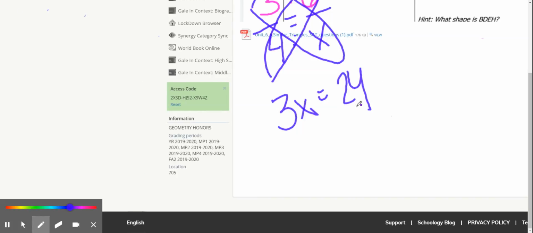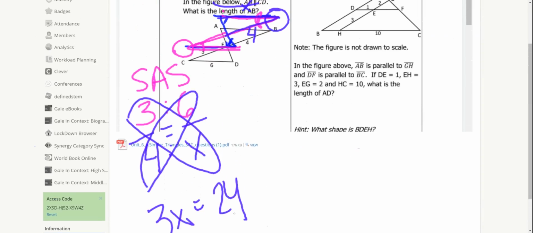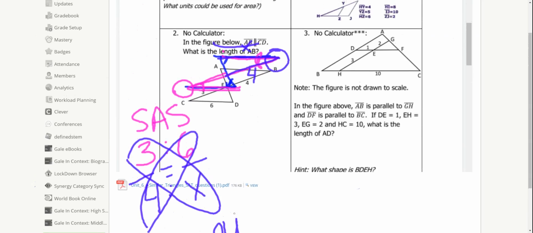AB is parallel to GD, and DF is parallel to BH. So this right here is a parallelogram. This is a 1 and this is a 3. And HC is 10. What is the length of AD?